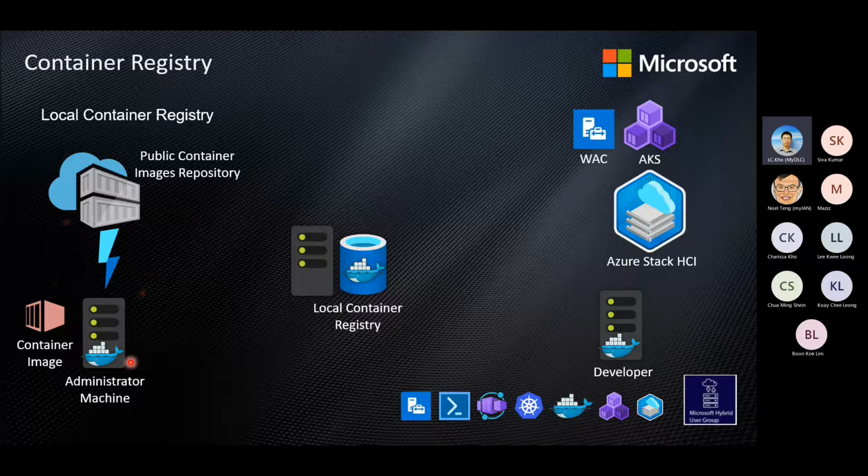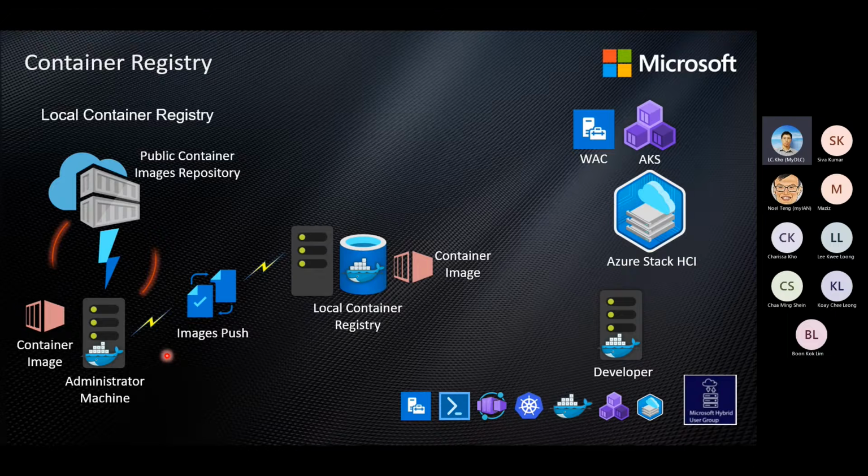After that, I will issue a tagging command to tag the downloaded image to become my private, locally stored container image, and I will push it over to my local container registry for storing, and get it ready for other services to pull from it.